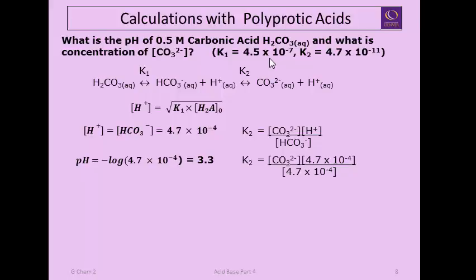So when we plug in here, the proton concentration is not determined by what shows up from that second deprotonation. It's already present from the first, so we plug that number back in there. That also is the number that goes in for the hydrogen carbonate.